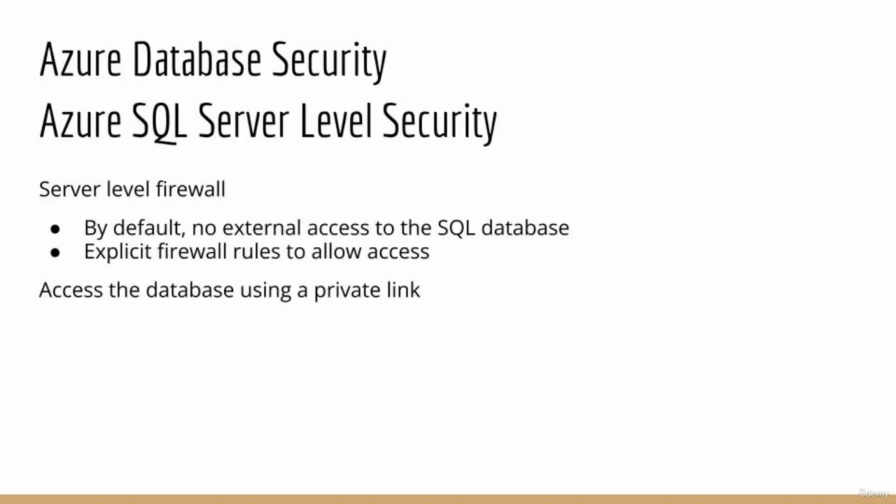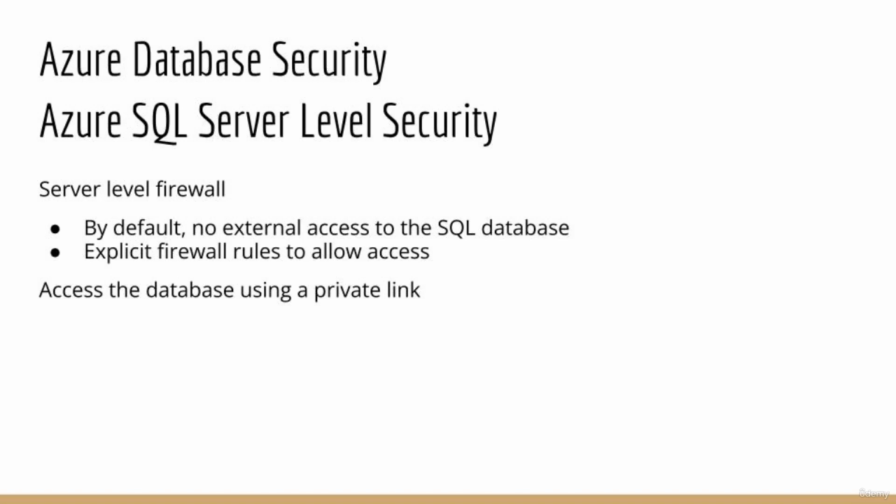In the following slides, we will address security questions related to Azure SQL databases. We would like to see how we can protect our Azure SQL database. First, we will talk about Azure SQL Server level security. When you create a new server in Azure SQL database, a server-level firewall blocks all access to the public endpoint for the server by default. And to access the database, your IP address should be allowed by the firewall.